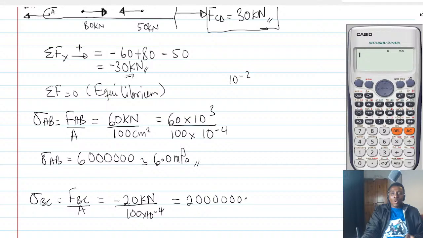So in engineering, you can see that this is minus 2.0 megapascal. So now if I have a stress which is positive, we call it a tensile stress. But if it is negative, then we call it compressive. Alright?